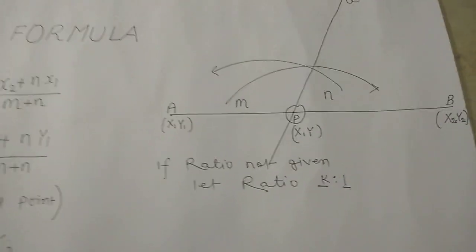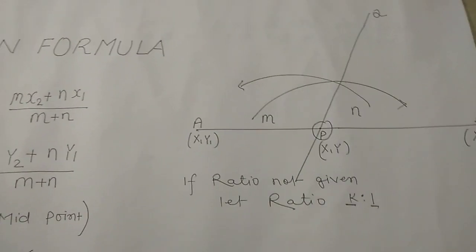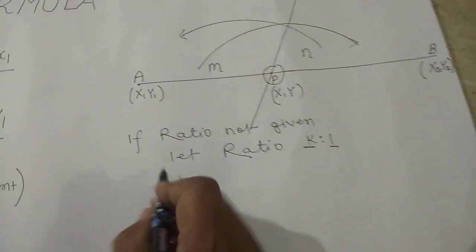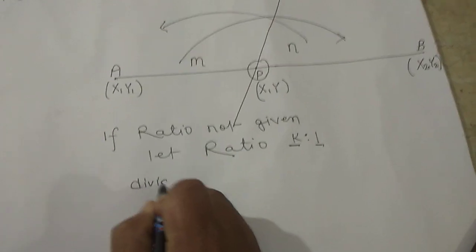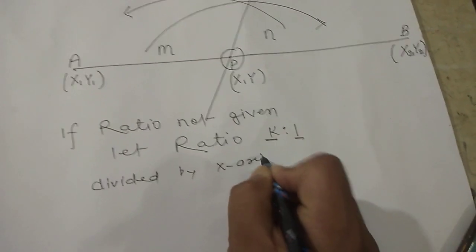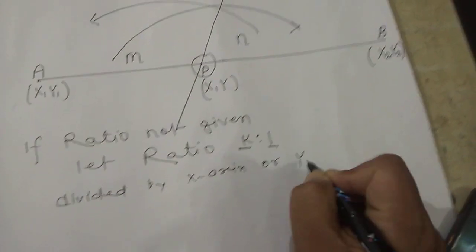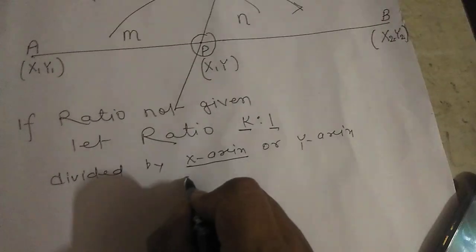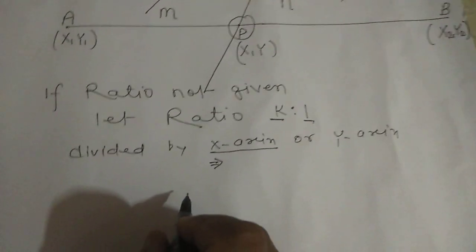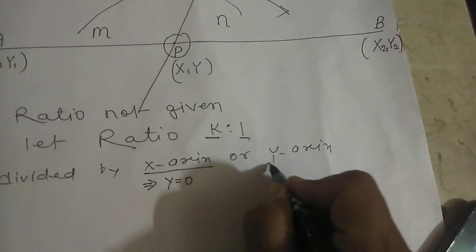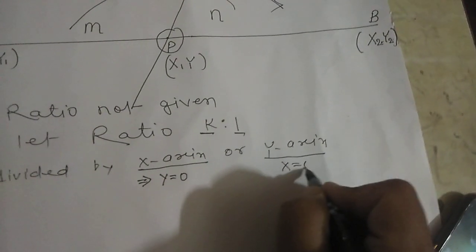If you ask me, is there any tip? A frequently asked question: the ratio is not given, and the line is divided by the x-axis or y-axis. If x-axis, this implies y is equal to 0. If y-axis, this implies x is equal to 0.